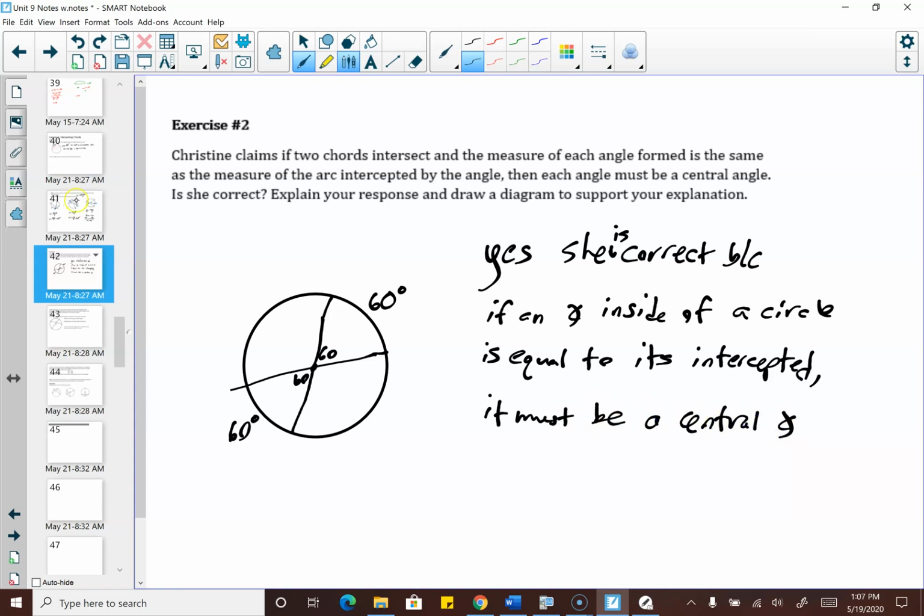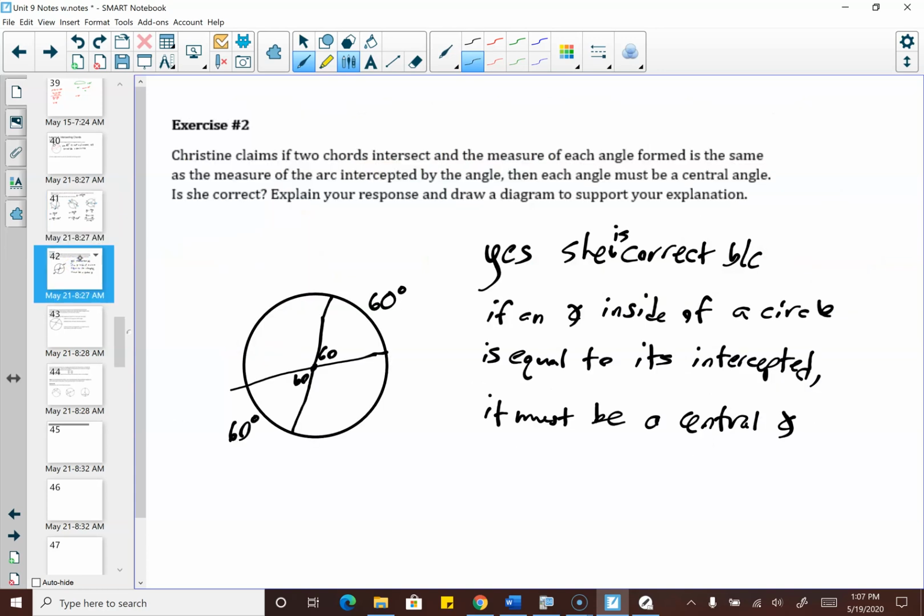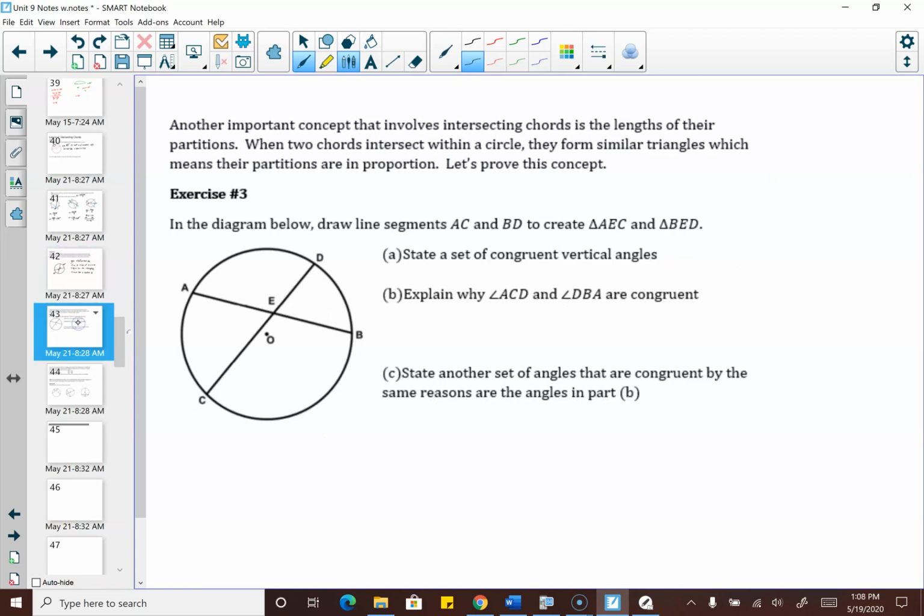All right, so if you notice, I go back here, all those angles that we got were different than the arcs, because it's the average of the two. So if you're going to get that arc and that angle are exactly the same, then it has to be a central angle that it works with.